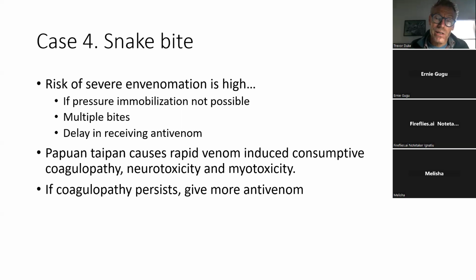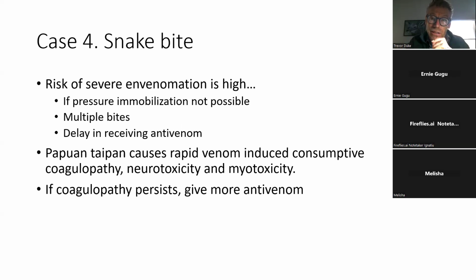But in the case of a bite on the abdomen, you can't really provide pressure immobilization to that part of the body. So this child had multiple reasons for severe envenomation: pressure immobilization was not possible, there were multiple bites, and she had some delay in receiving antivenom.